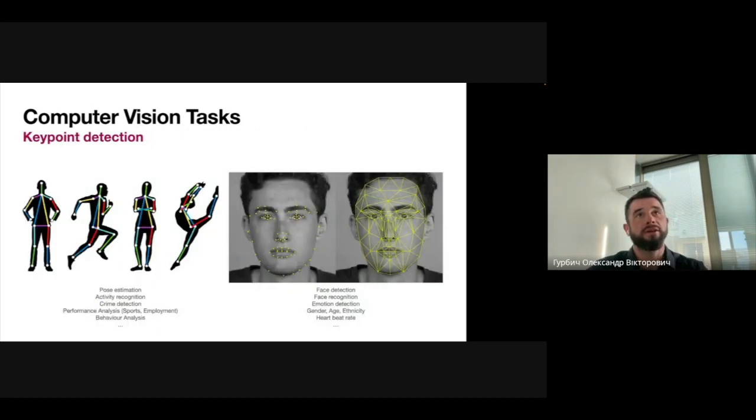Another task of computer vision is key point detection. As you see here, there are two major types of key point detection, used for faces and for standing human bodies. Why? Because it opens up all the capabilities of pose estimation, activity recognition, and derivatives of these tasks like crime detection.